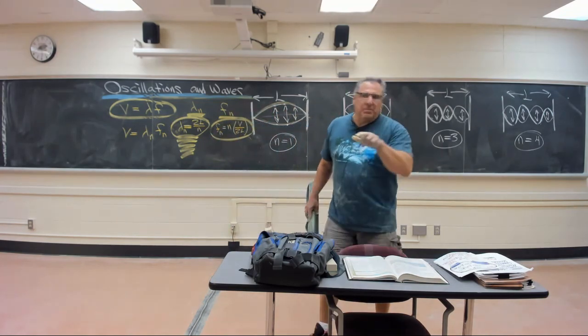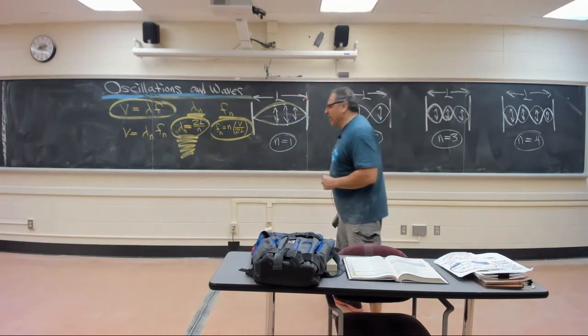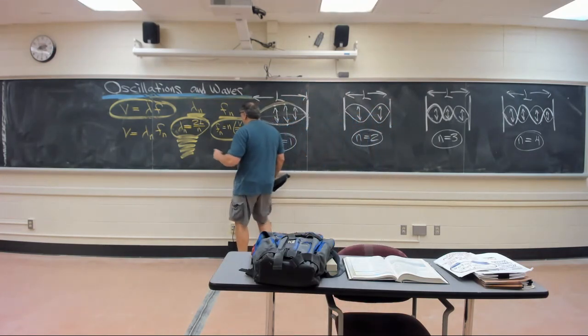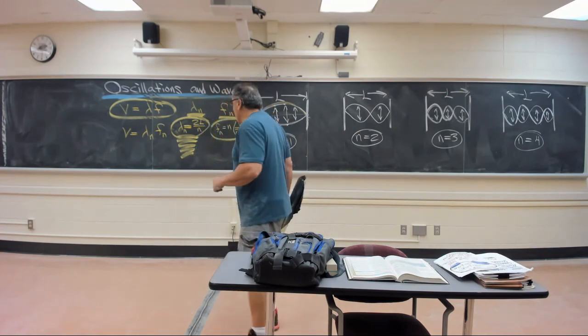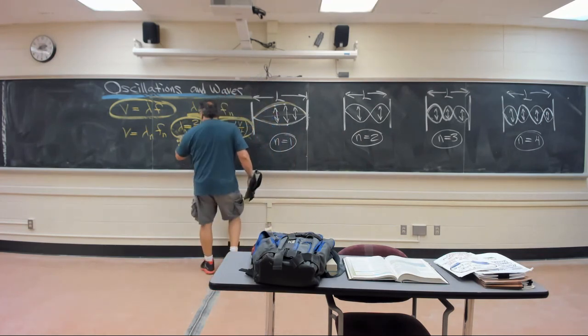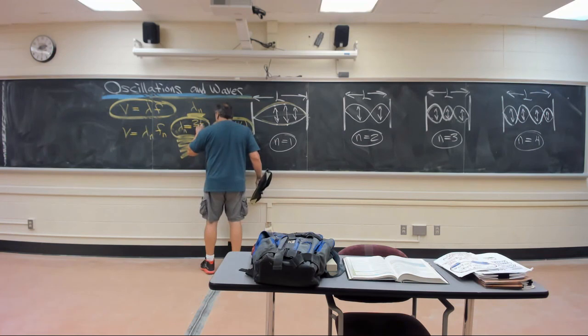And that's the number that's going to be inside the sine function. Sine n theta, or cosine n theta. It's either one, because cosine and sine are very close together. Lambda sub n is 2L over n. 2L is the wavelength of the first harmonic.